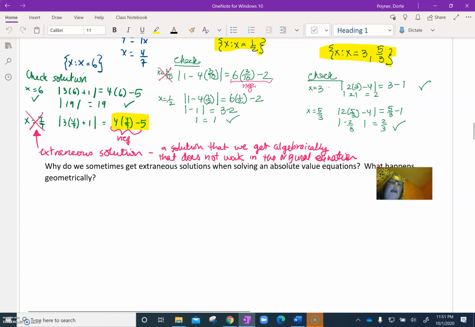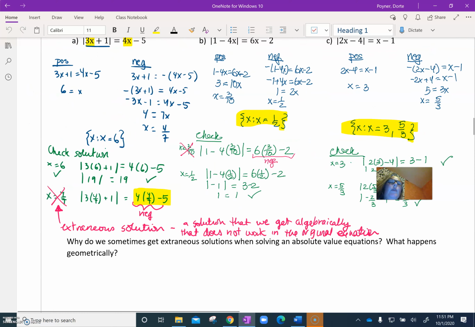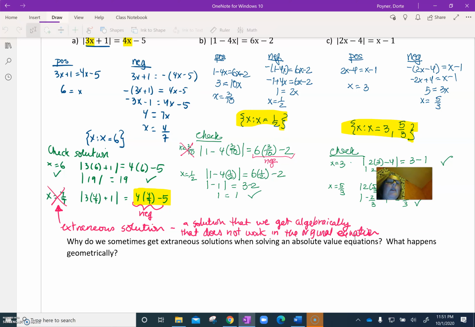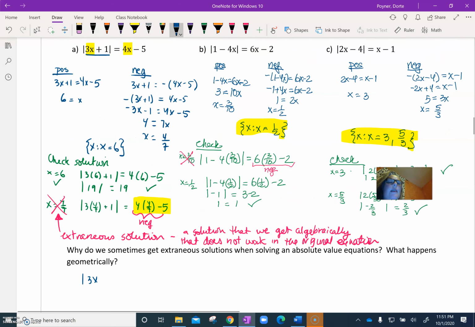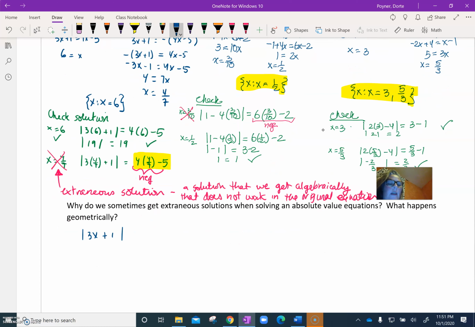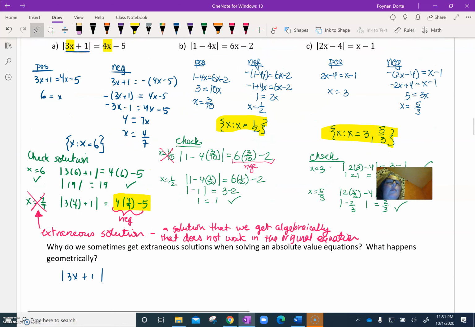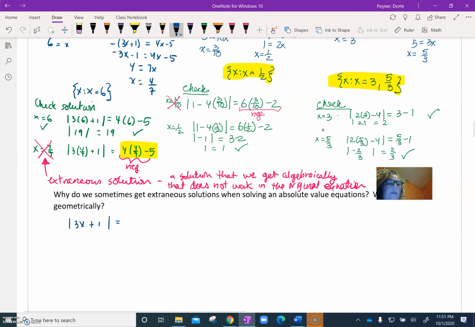If I go back and grab the first problem here, it said the absolute value of 3x plus 1 is equal to 4x minus 5. When I look at that, I'm going to do the positive and the negative version.